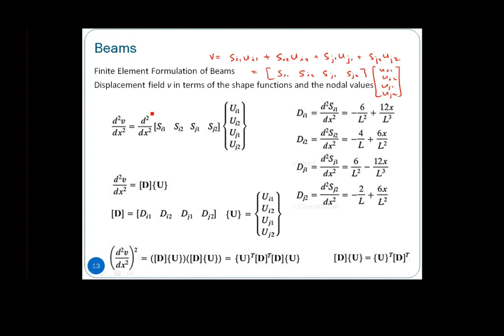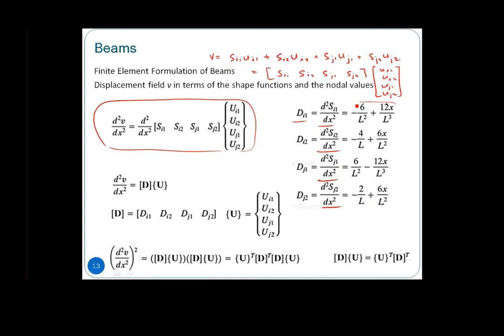To find the derivative, we differentiate with respect to x, so it can be rewritten as this. For the double differentiation, we have d2Si1 over dx squared, d2Si2 over dx squared, d2Sj1 over dx squared, d2Sj2 over dx squared.